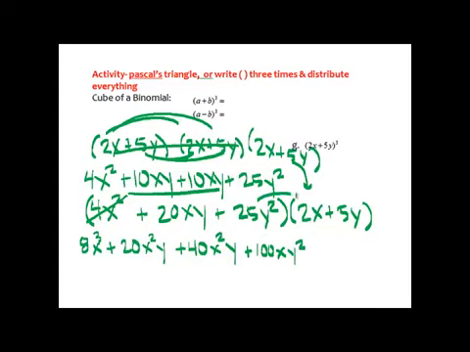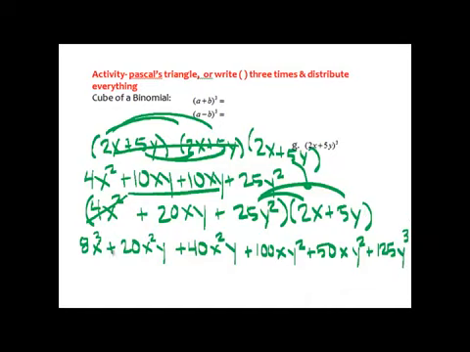Now we're going to distribute here. 25 times 2 is 50. Y squared and x. So I'm going to write the x first and y squared second. I always go alphabetical. Okay, and then we've got to distribute here. So 25 times 5, y squared times y to the first would be y to the third.